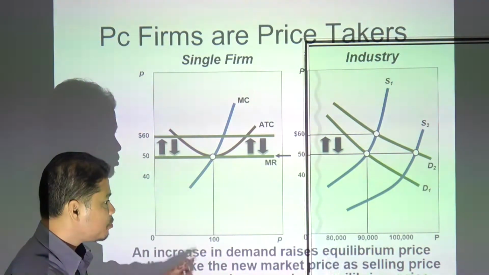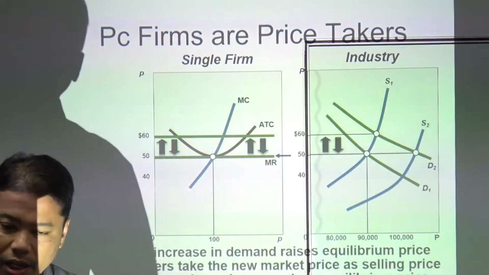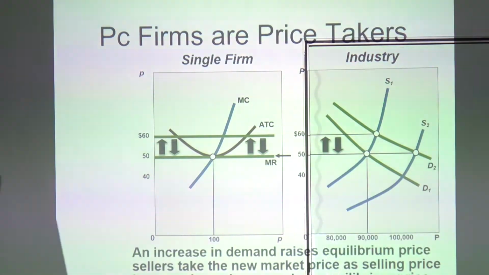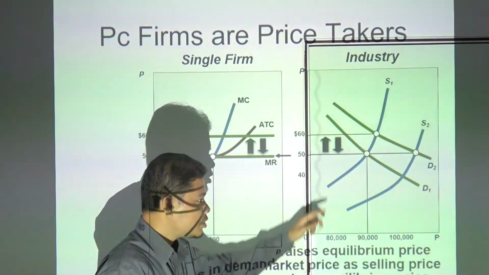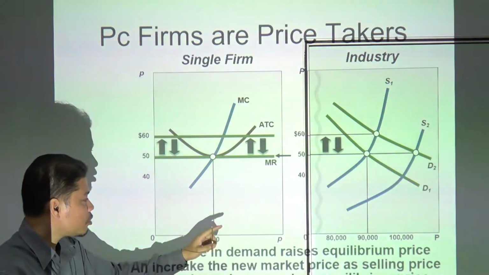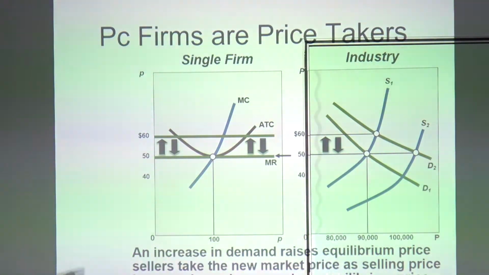An individual firm represents one of the maybe hundreds or thousands of firms operating in a purely competitive market. So any changes in the market demand or supply can influence the market equilibrium price, and therefore it can also influence the demand facing the firm.